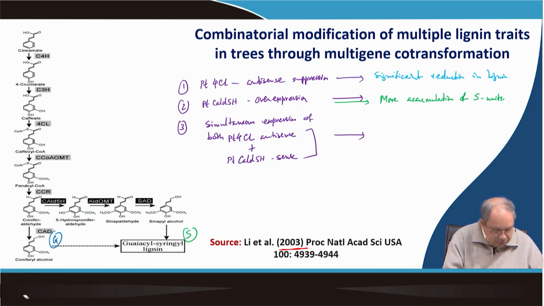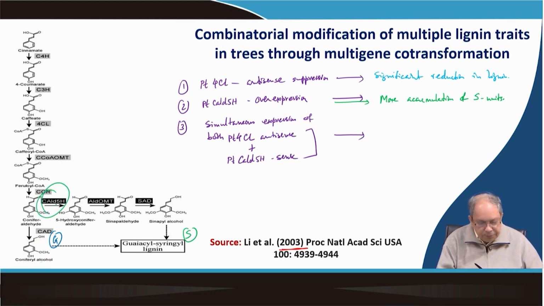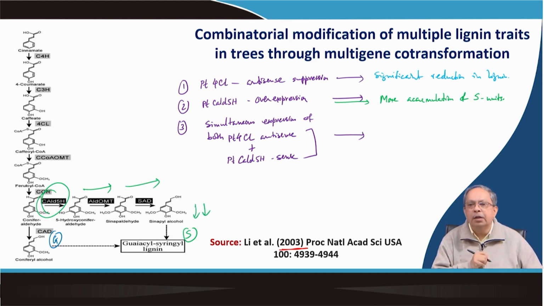So, it is not this one, it should be this one. So, that means the pathway moves in this direction and eventually makes more S. So, more S has some advantage, because that will be easier to delignify if the S component is more than the G. So, that is the intention. So, that has been achieved.